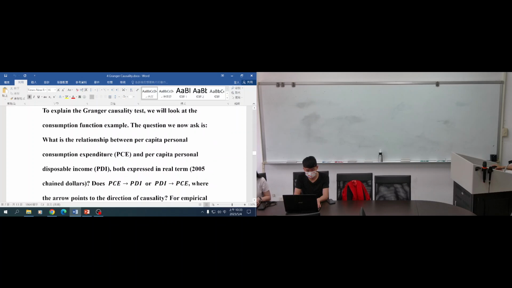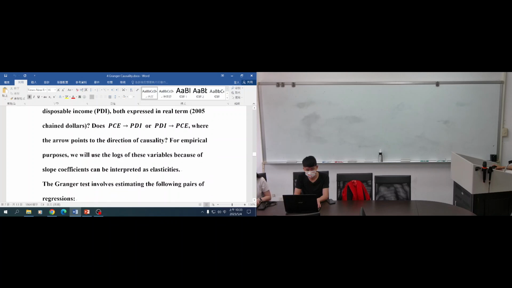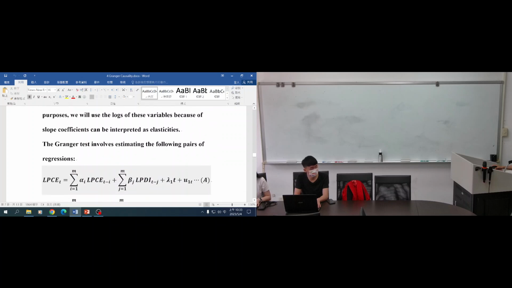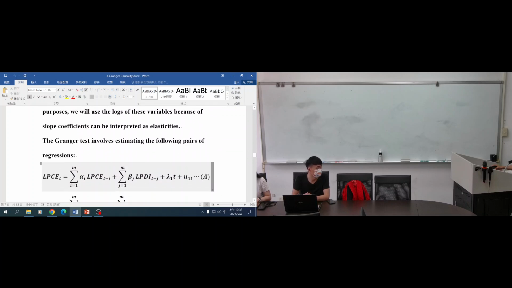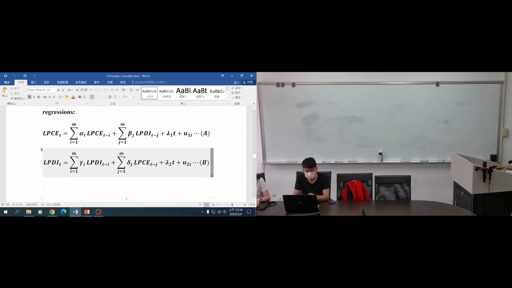Let's see. There are some examples. If I want to look at consumption and income, look at this one, A and B. This is one of the Y variables. This is one of the X variables. Look at this one.